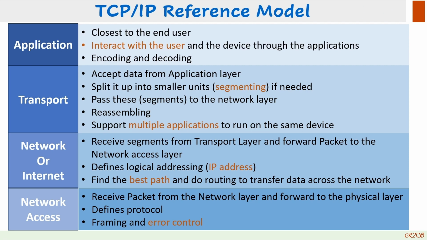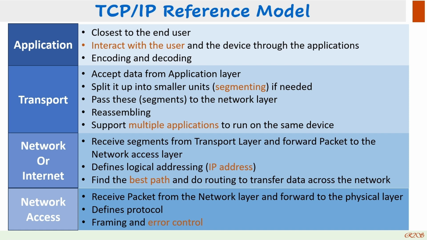The application layer is the top layer and is closest to the user. When we use a laptop, we actually work on the application layer, like when you write an email, watch a video, or you are composing in Word.